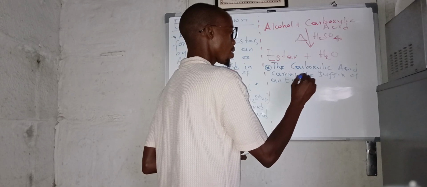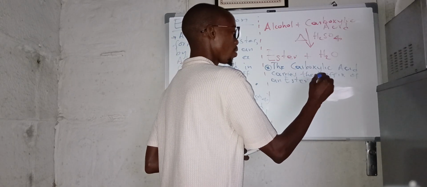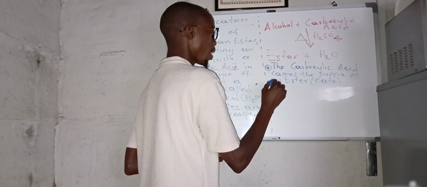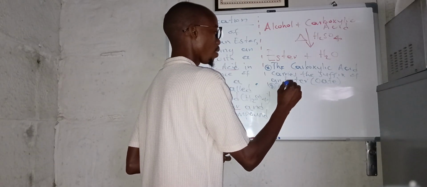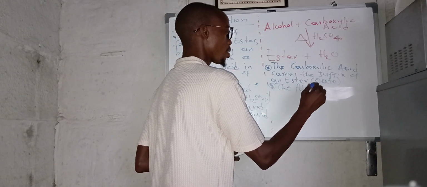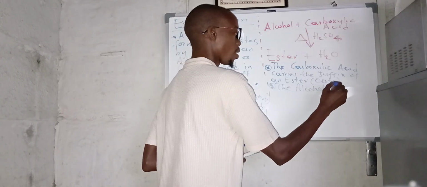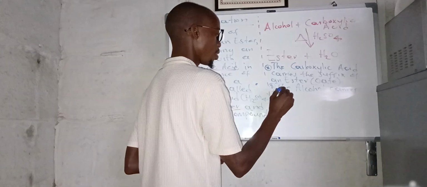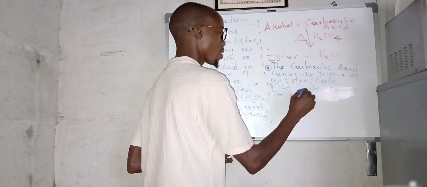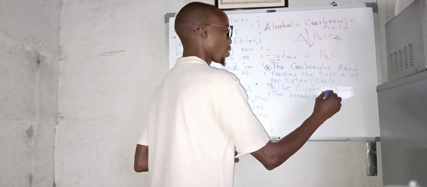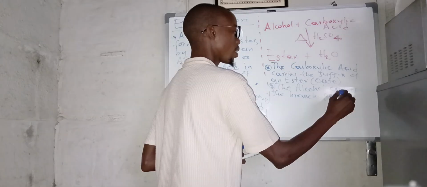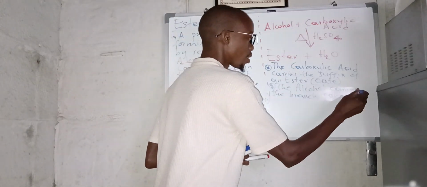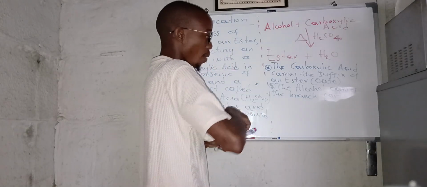Remember, the suffix of an ester is O-A-T-E. And then the alcohol carries the branch part of the ester name, which is what? The YL. The branch part will be ending with YL.